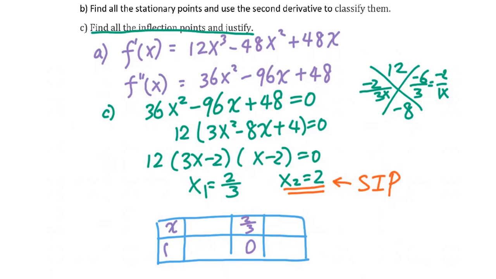This is x, second derivative of the function. 2/3 plus 0.1 and 2/3 minus 0.1. When you put it into the graphing calculator, you can see there is a sign change at 2/3 for the second derivative. So at x equals 2/3, there is a point of inflection.